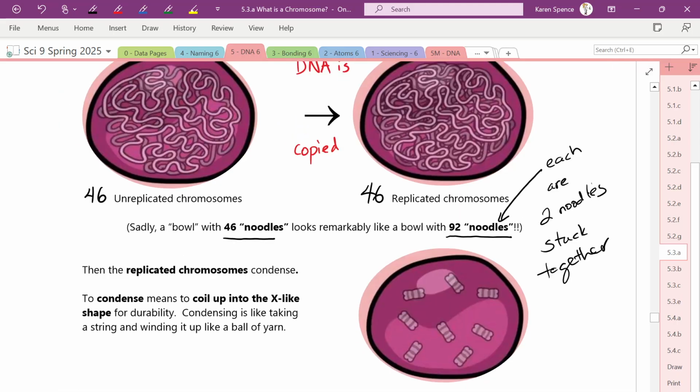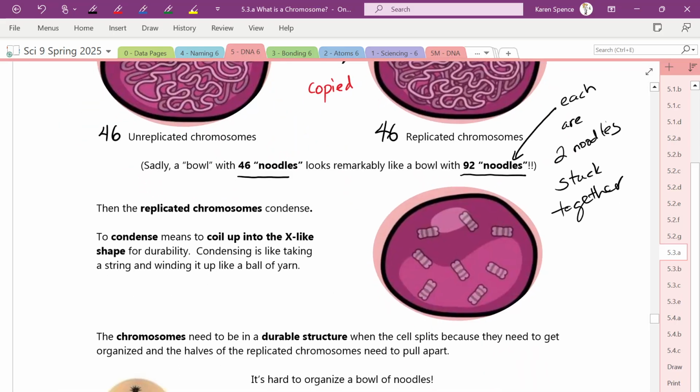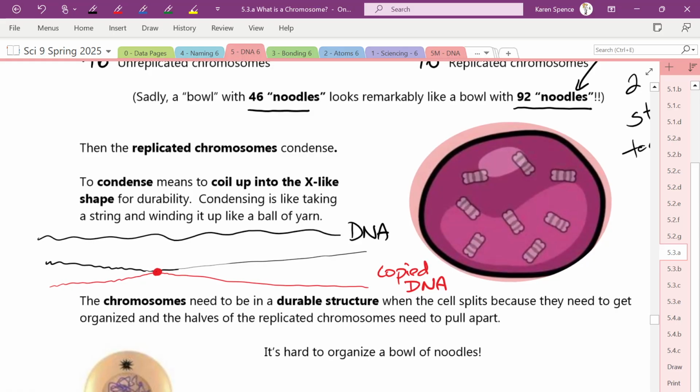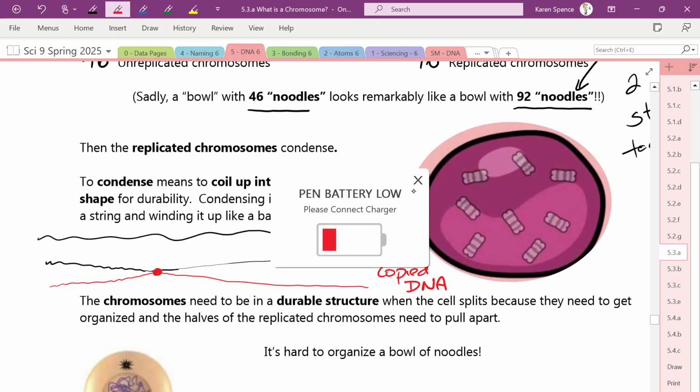So basically what you would have is a strand of DNA. And then you would have another strand of DNA, which is a perfect copy. And they're stuck together. So you have the DNA, that's a chromosome.